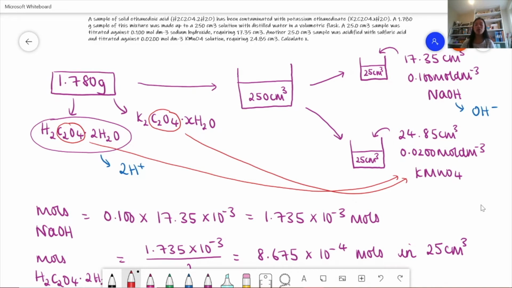And so in order to work out the amount of moles of potassium ethane dioate we have, we need to take away the moles that we worked out earlier of the ethane dioic acid from the total moles of C2O4 2 minus ions we have in the 250 centimeters cubed.